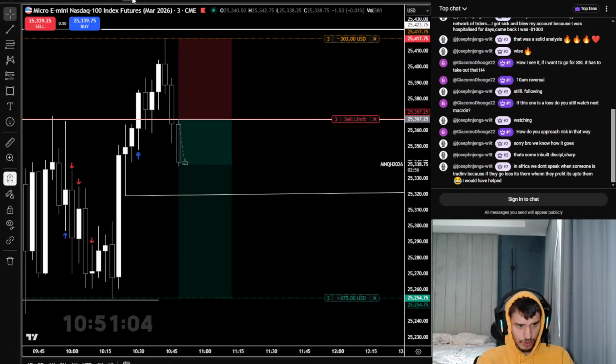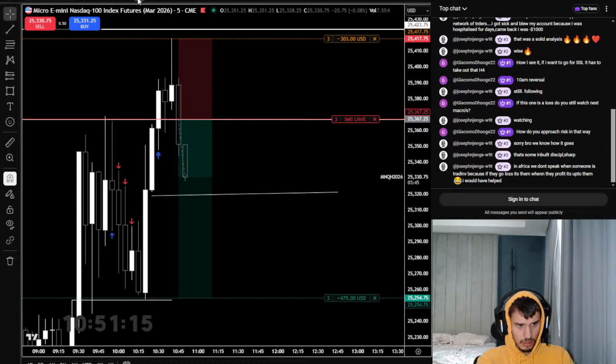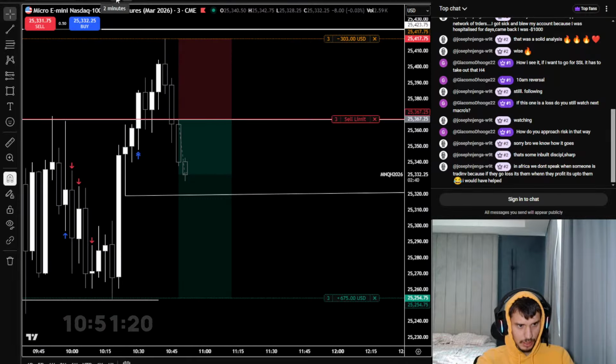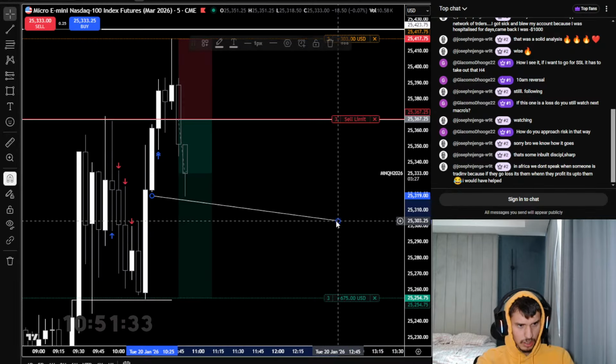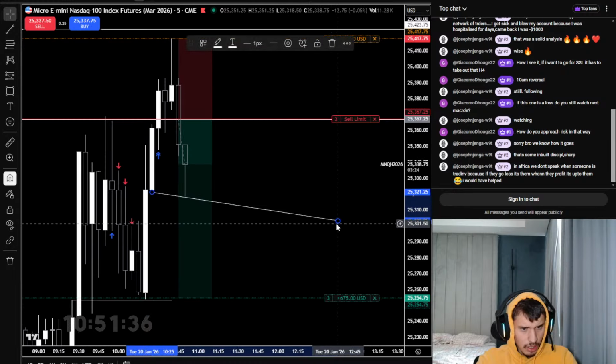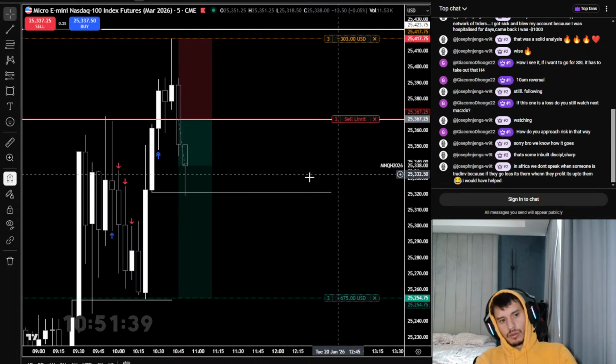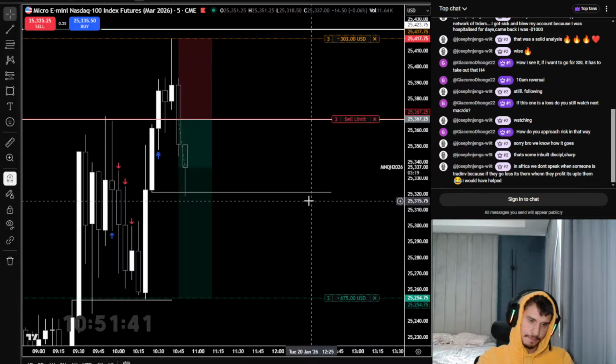But let's see if it gives us the entry. Do not want to see it take that low before we get tapped in. We have a 1 minute, 2 minute, and 3 minute unicorn, and we are just displacing. And right there, look, we sweep it, tapping onto the gap.